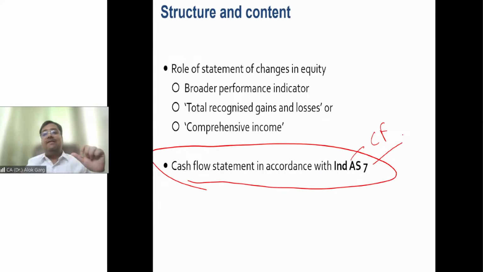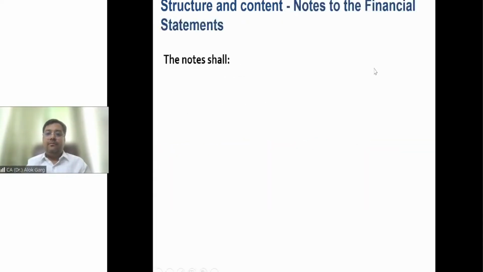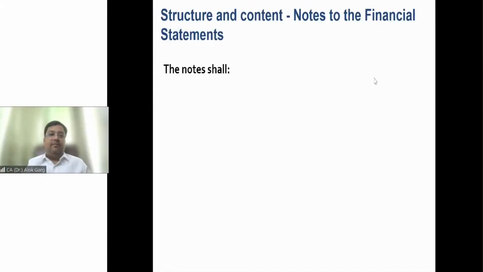Where components of the financial statement are defined, it is defined in Ind AS 1. And in Ind AS 1, it is defined that a complete set of financial statements will include the cash flow statement as well, right? Is that clear? Okay, very good. Namrata, whether everything is clear to you? Rahul, is that clear? Viraj, Ravinder, great.